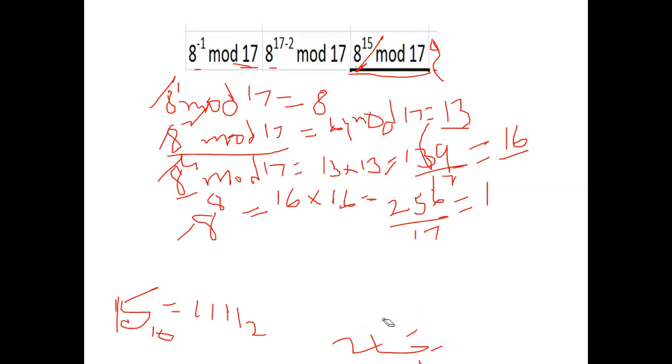Now actually we need to calculate this one, 8 power 15. To calculate 8 power 15 mod 17, it can be written by converting this into 4 ones. That's why this is the 8 power 1 value, 8 square value, 8 to the power of 4 value, 8 to the power of 8 value. Multiply these values. That means multiply this 1, 13, 16, 8, all the values.